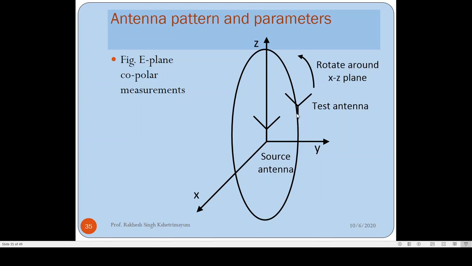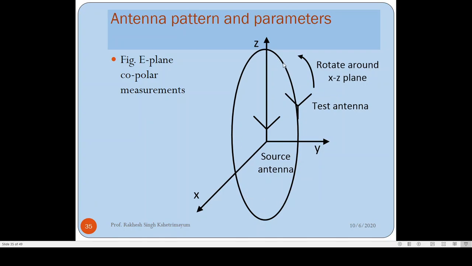After that, to get the E plane copolar measurement, you move this Hertz dipole in this circle. This Hertz dipole is sending out signal and this Hertz dipole is capturing the signal. You move it in this XZ plane.